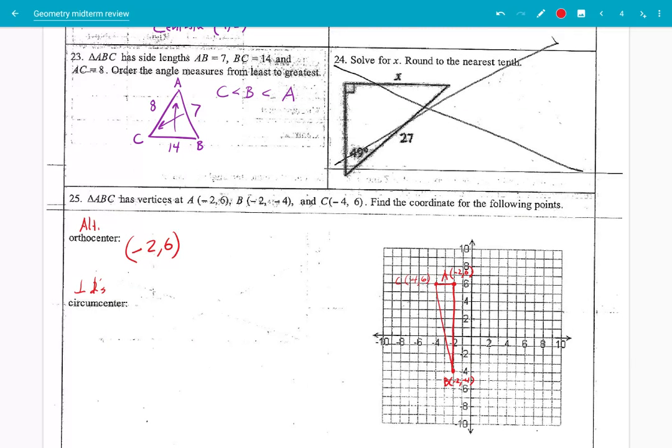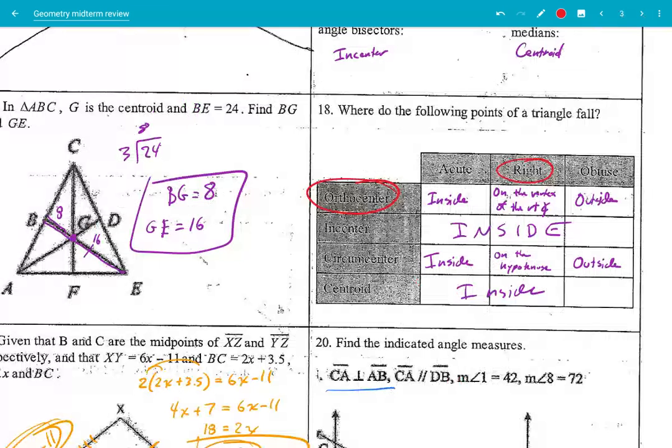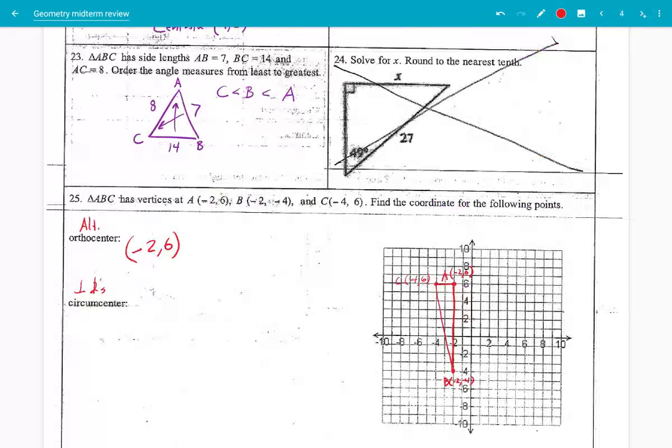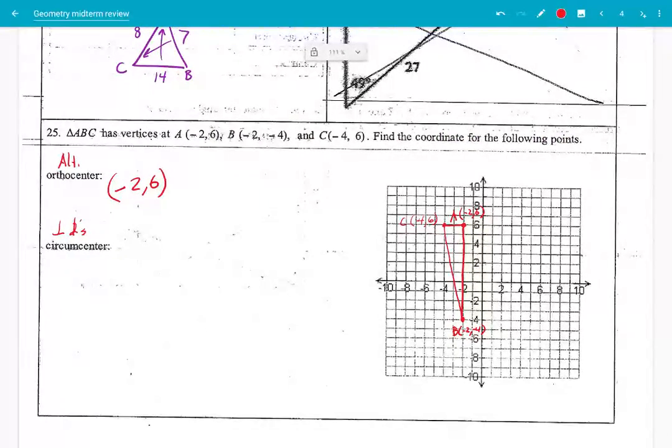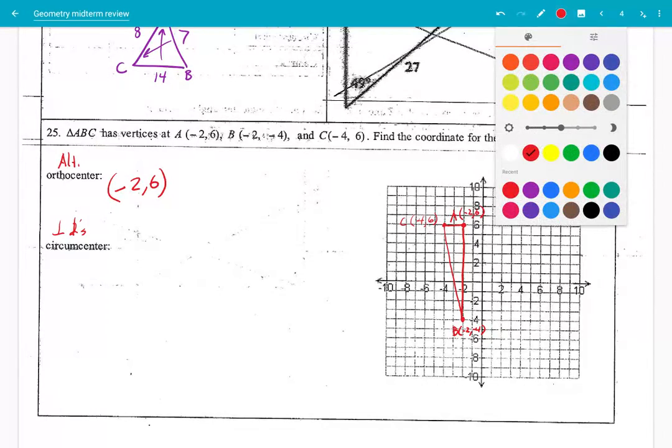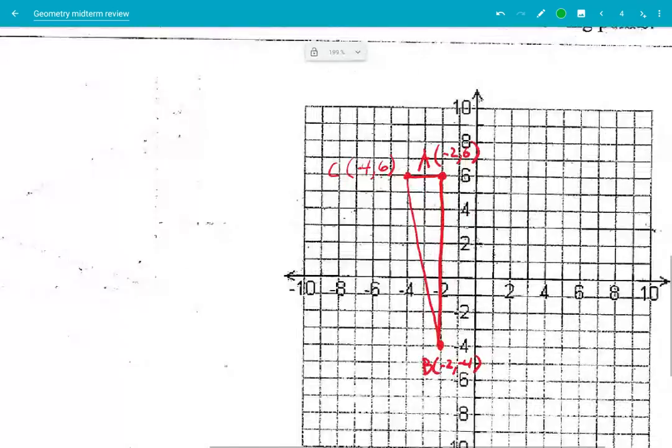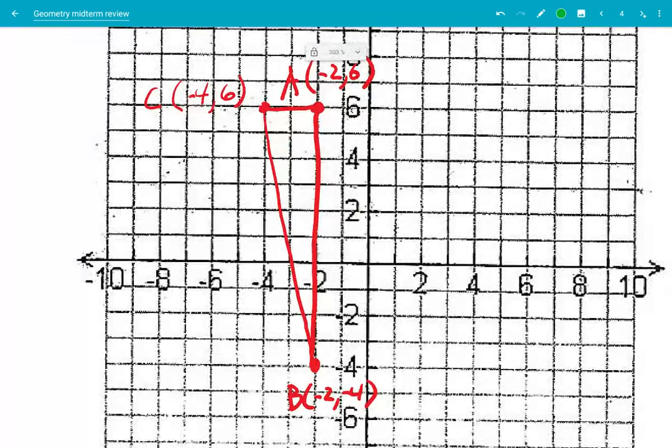And then the circumcenter, well, let's see. The circumcenter is on the hypotenuse. It's going to be on the hypotenuse, and it's going to come from the perpendicular bisector. So check this out. Zoom in. Perpendicular bisector. Well, we're going to bisect this. That's obviously the midpoint. There's the perpendicular bisector.